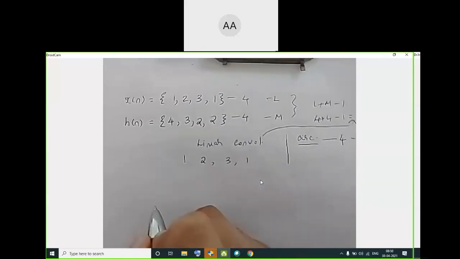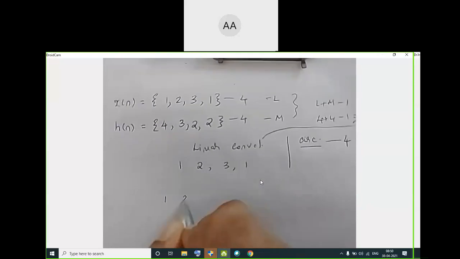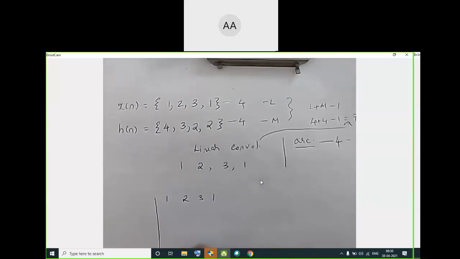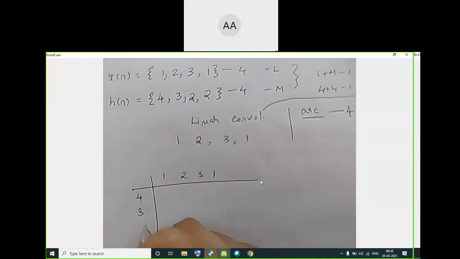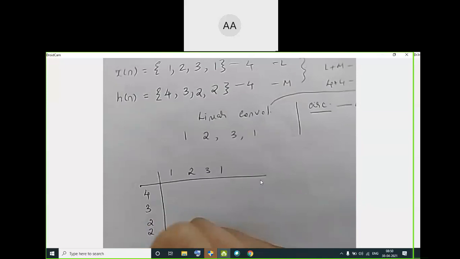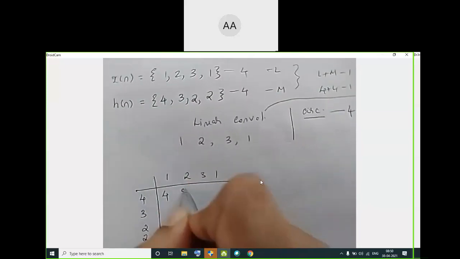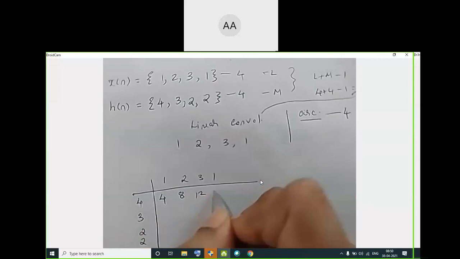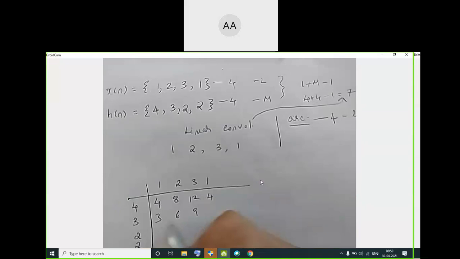Let me just refresh your memory. Suppose this is 1, 2, 3, 1. How am I going to do linear convolution? 4, 3, 2, 2. I'll multiply these values. 4 into 1, 4 2s are 8, 4 3s are 12, 4 1s are 4. 3, 6, 9, 3.